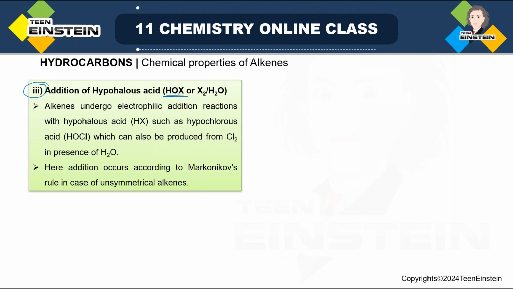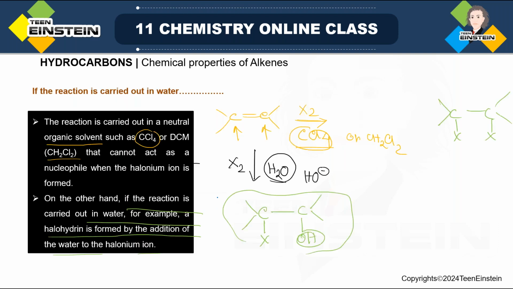Hypohalous acid means HOX. It may be HOCl, it may be HOBr. So when your purpose is to make a halohydrin compound, remember which one is halohydrin? This is halohydrin. Halo is from X, hydrin is from OH.